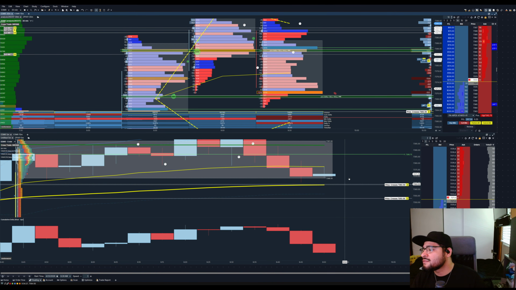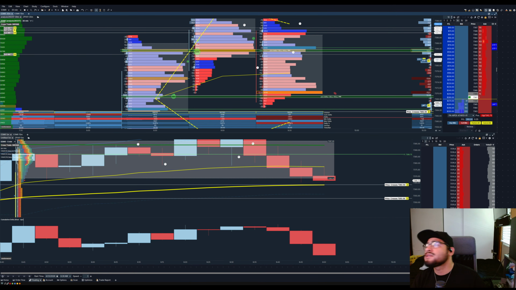We'll have to see if sellers can keep taking control. Delta wise, there's negative 2800 delta on 32k volume, which is pretty decent for the amount of volume, basing it off the last few candles.